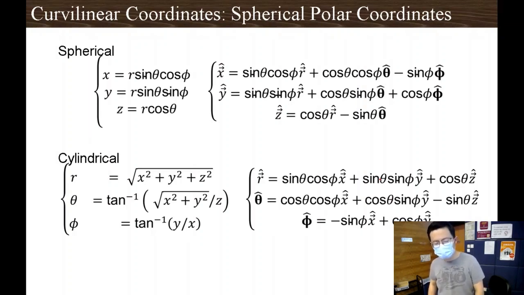So two special cases with high symmetries are a sphere or a cylinder, and so most likely some of the problems are easier to work in the spherical coordinates or the cylindrical coordinates, and so you have to be aware of how to transform from the Cartesian coordinate to the spherical or the Cartesian to the cylindrical coordinates.